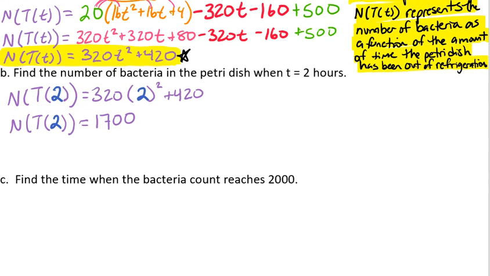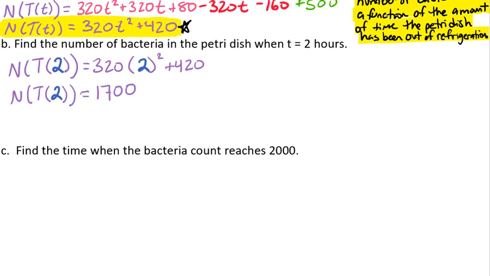Now we want to find the time when the bacteria count will reach 2,000. So we want to know when our N(t) equals 2,000. Because it's asking us for our time, that's why we're looking for our little t.